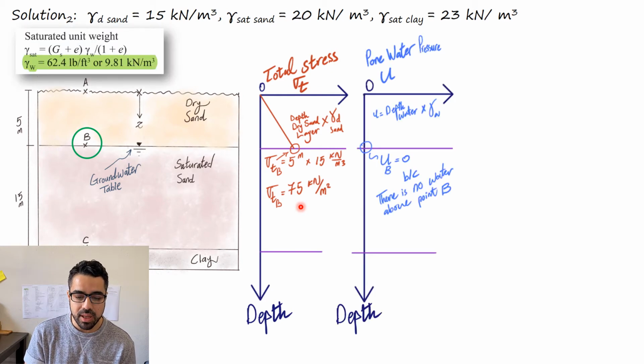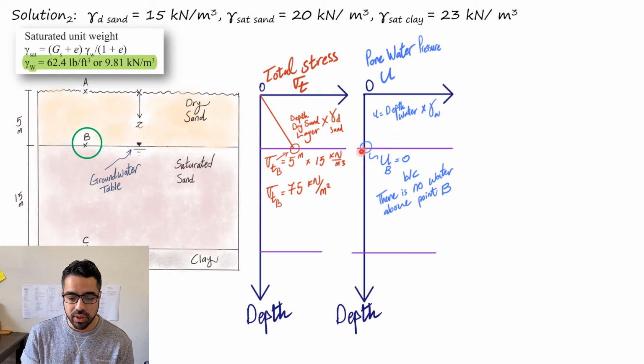Now, the second one is the pore water pressure. We're looking to find the pressure again at 5 meter from the surface. Gamma water is 9.81. This is from your FE manual, right beneath the saturated unit weight equation.